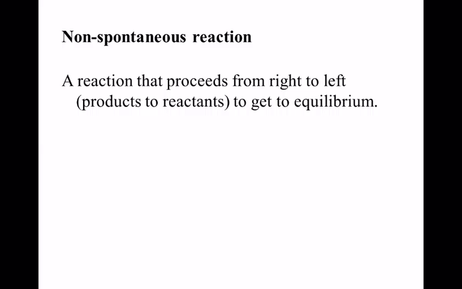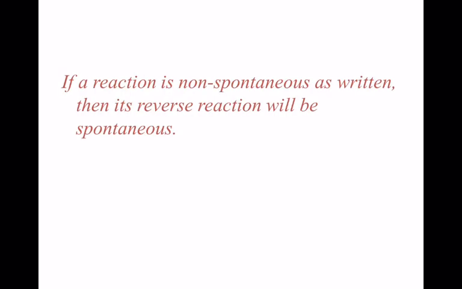Makes sense? So here's my favorite one. If it's not spontaneous, basically just swing around the equilibrium arrow. Okay? And then what were your products are now your reactants, and it's spontaneous. I just think that's funny. So that'd be like an acid-base reaction where it's not going to go to a strong acid.